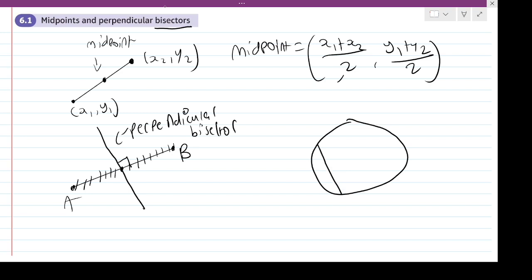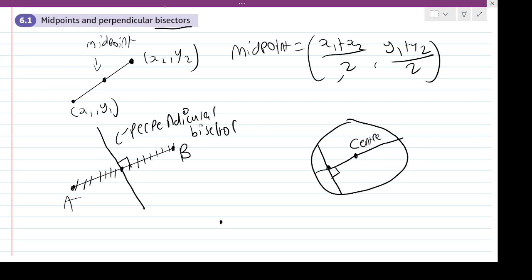Well, what's special is that if we do the midpoint of the chord, the line, and then we do the perpendicular bisector, which again is the line that passes through the middle and it's perpendicular, it turns out that every perpendicular bisector of a chord will always pass through the center of the circle.